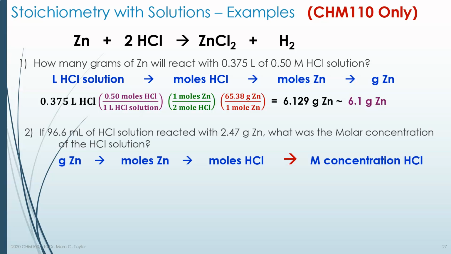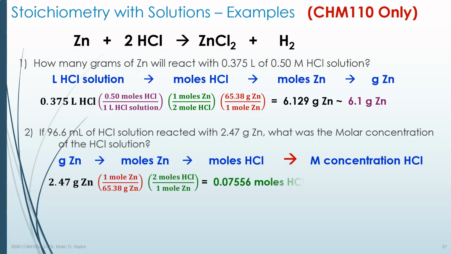So let's first determine how many moles of HCl we have. We use normal stoichiometry to do that. We start with our 2.47 grams of zinc. We divide it by the molar mass to get the moles of zinc. If we stopped at the red calculation, we would have the moles of zinc, but we don't want moles of zinc, we want moles of HCl.